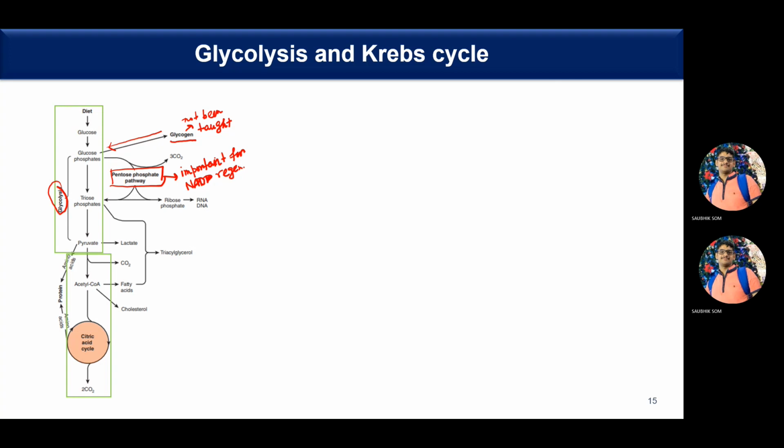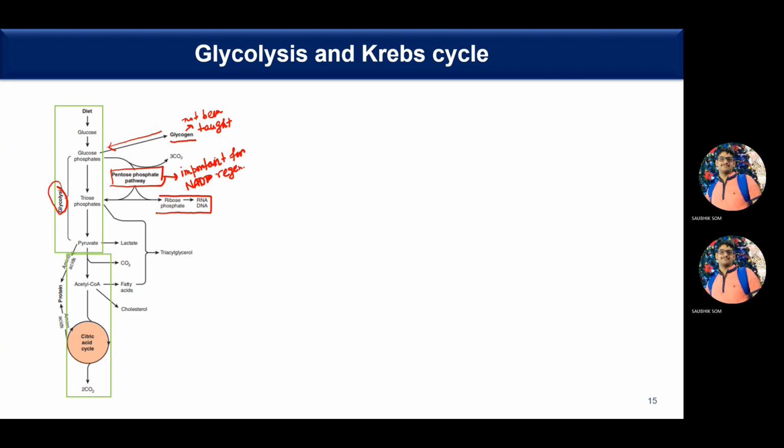So that needs to be regenerated. For that the pentose phosphate pathway is used, but again it has not been covered in this course. Then there is the ribose phosphate pathway, which synthesizes DNA and RNA. It is another nucleotide biosynthesis pathway, which also has not been taught in this course. This is a separate biochemistry and metabolism course, which you need to take for a greater detailed explanation of these.